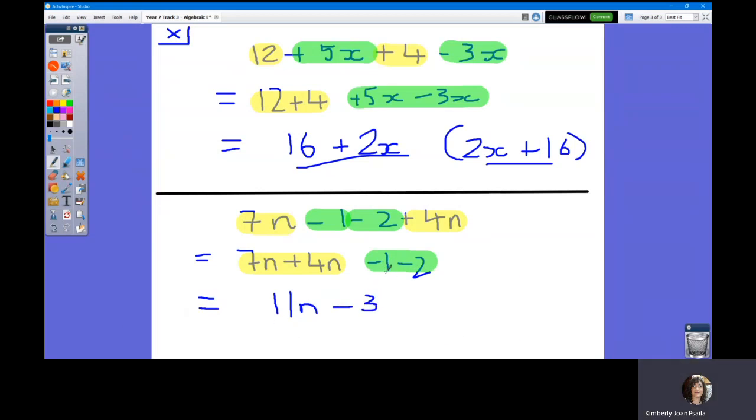Okay, let me remind you, for negative numbers, you start at position minus 1, you go down, because you have subtraction, another 2 floors, 1, 2. Imagine you are in a lift, you start at minus 1, and you have to go down 2 floors. Where do you end up? You end up at minus 3. And there you have your final answer.